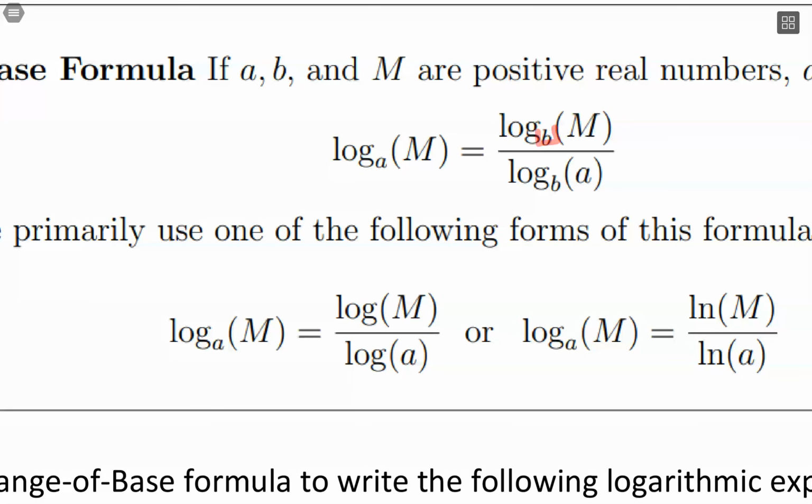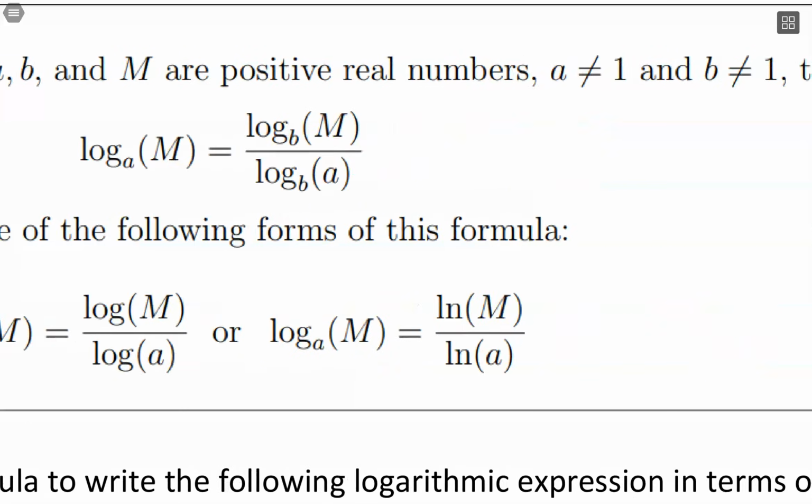The key is, they're telling us we can use any base over here. We want to use base 10 or base e, for that reason of wanting to be able to plug it into the calculator. So in that example above, logarithm base 3 of 13, what I can do is change this to base 10.